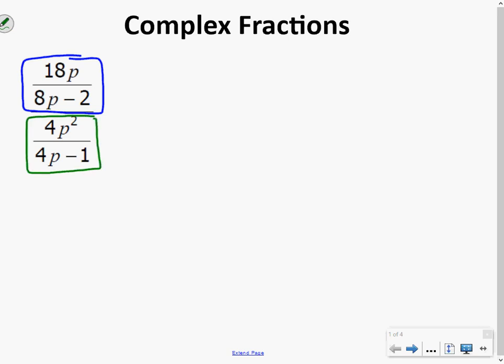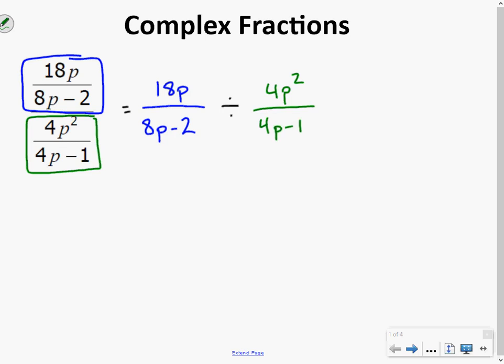So I could rewrite this immediately as just 18p over 8p minus 2 divided by 4p squared over 4p minus 1.